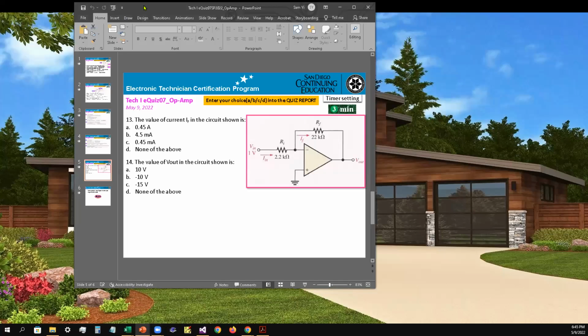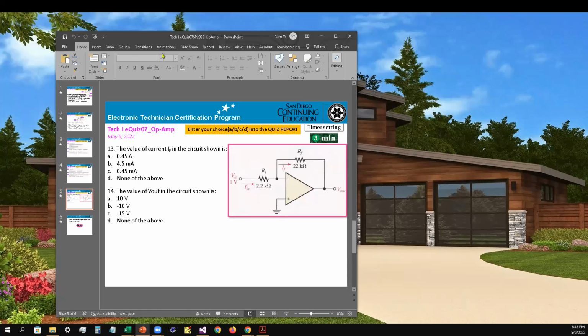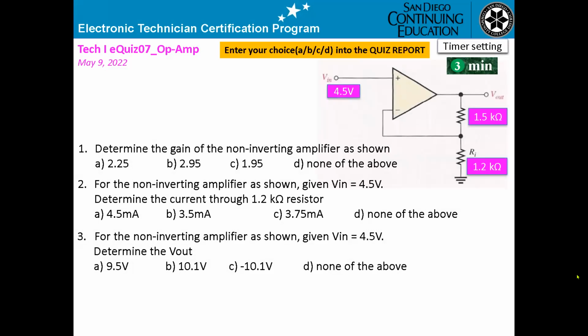Let me make sure it doesn't have any answers on it before I run it. Okay, share screen. Sam, you guys are recording this, right? Okay, we're going to start the slideshow. Can you all see? Yeah.